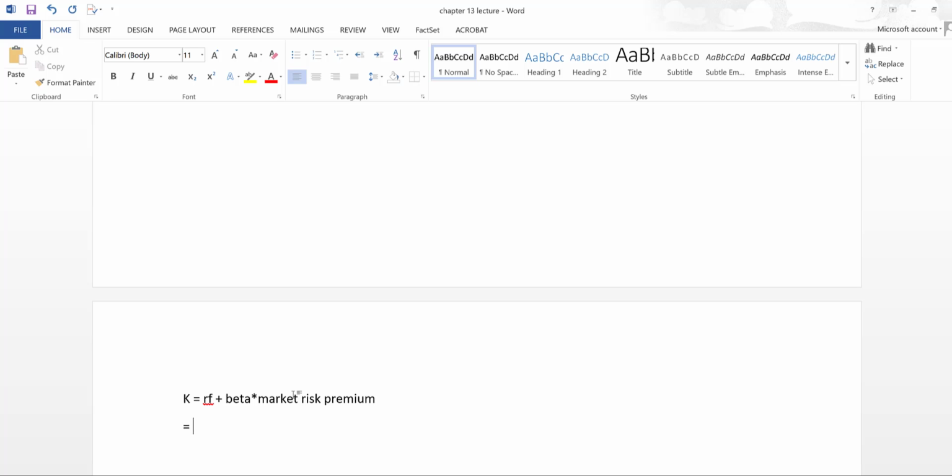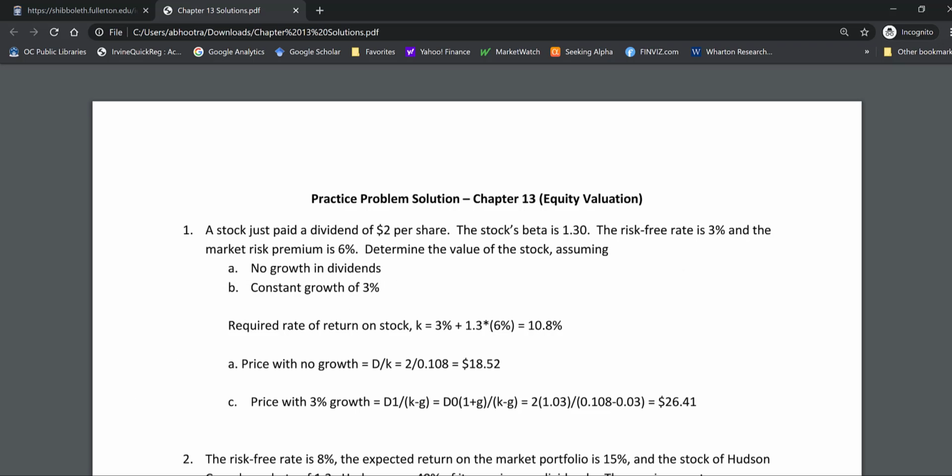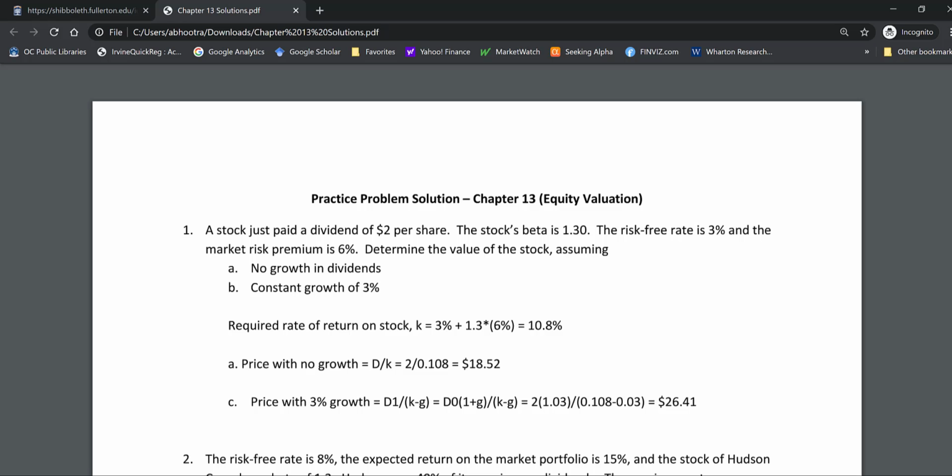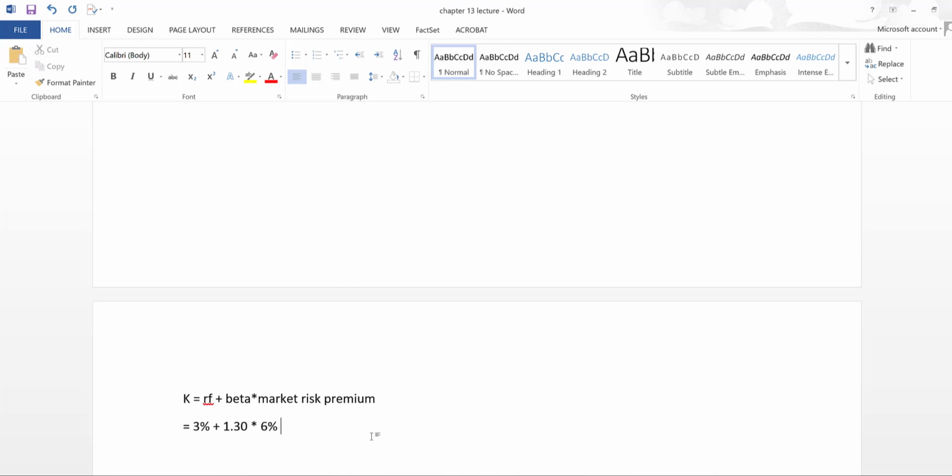So for this problem we have the risk-free rate of 3%, beta of the stock is 1.3, and we have the market risk premium as 6%. So again, remember, risk premium is where the risk-free rate is already subtracted out. So this would be 10.8%.